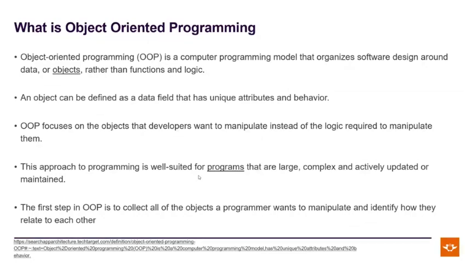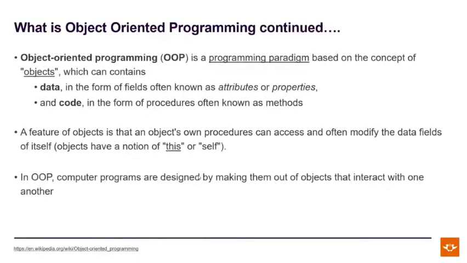A class is a blueprint, what defines an object. An object is an instance of a class. We'll get to that later. Another definition: it's a programming paradigm based on the concept of objects. An object consists of data, attributes, and properties, and code such as methods.